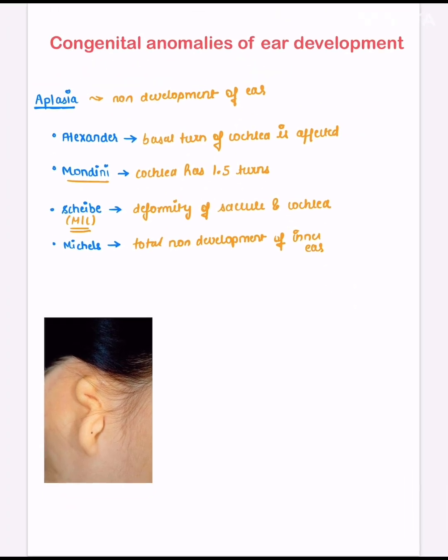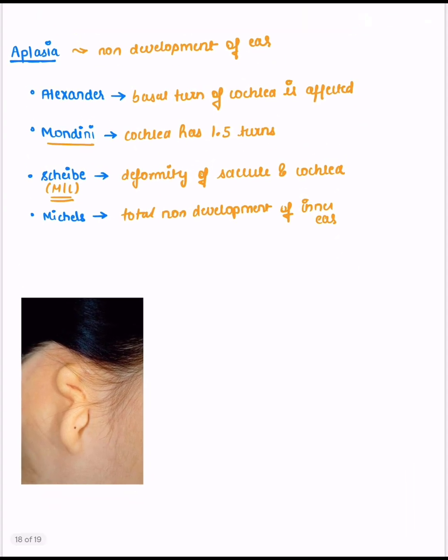Next, we are going to see the condition which is known as meatal atresia. It is the non-development of external auditory canal.